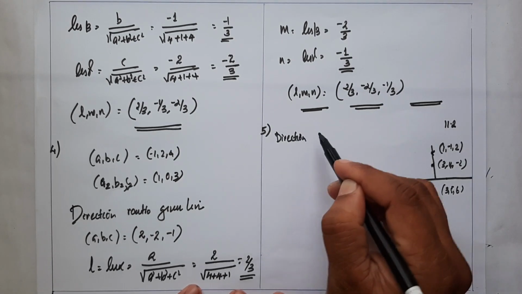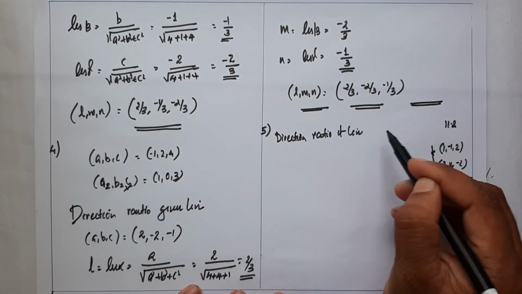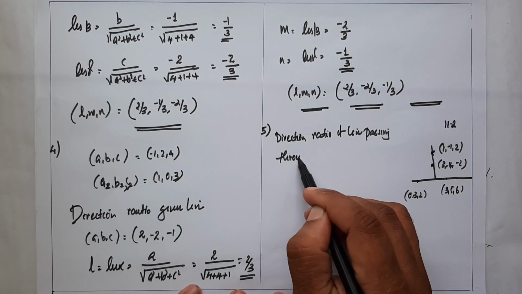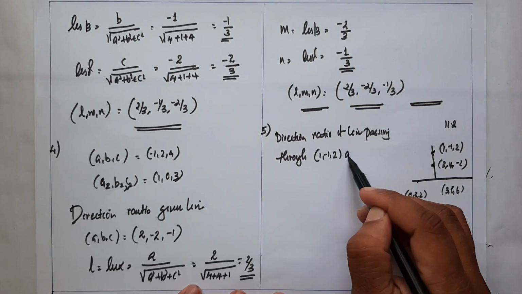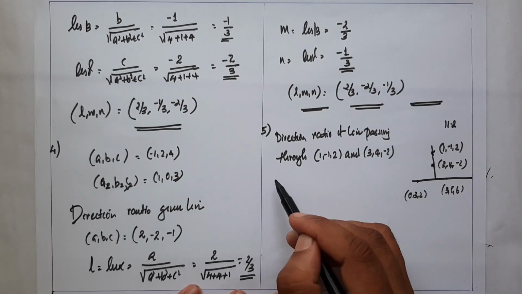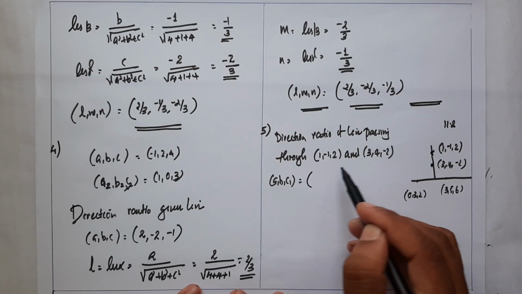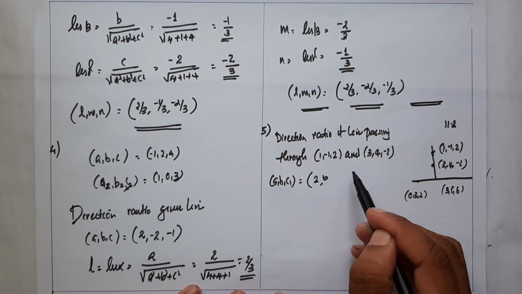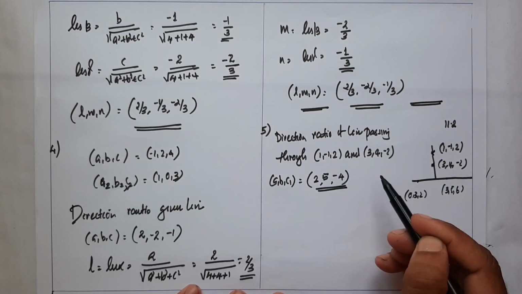Suppose we take a1, b1, c1 equal to the differences: 3 minus 1 is 2, 4 minus minus 1 is 4 plus 1, that is 5, and minus 2 minus 2 is minus 4.